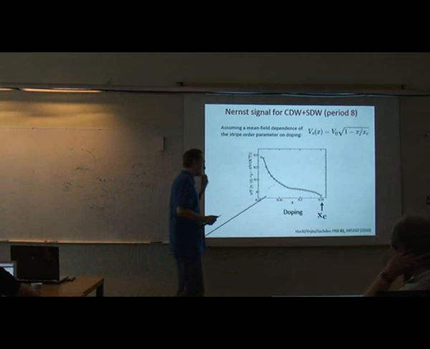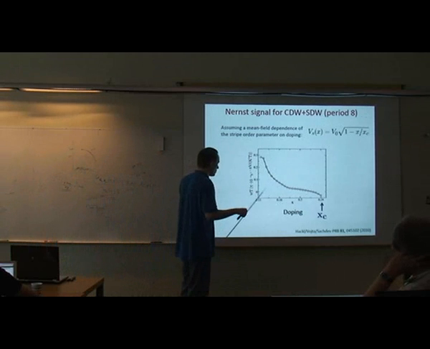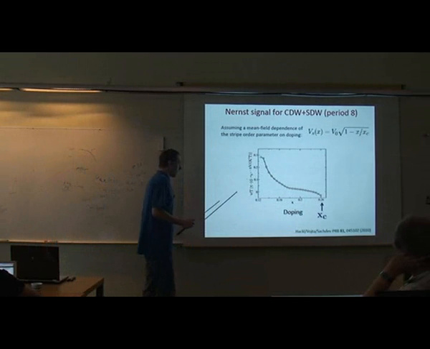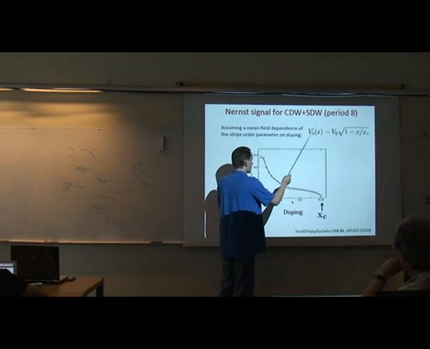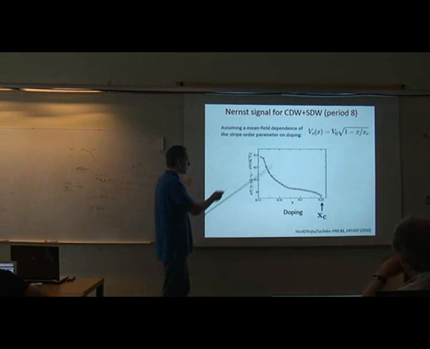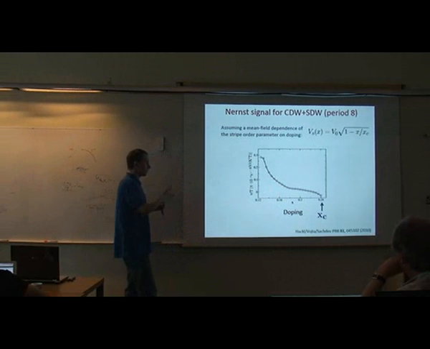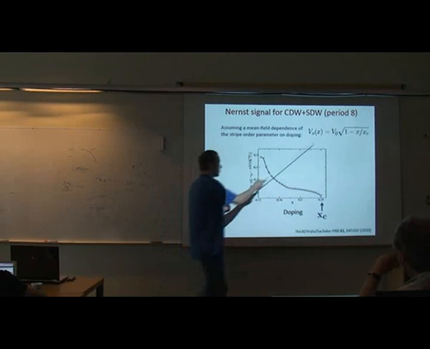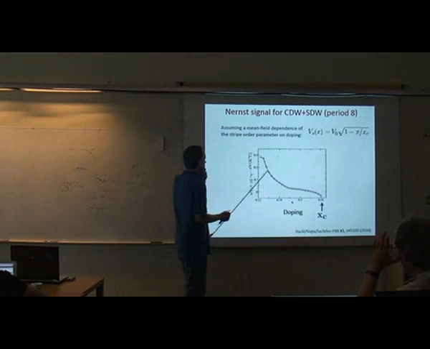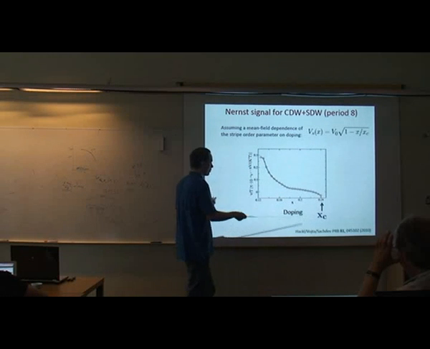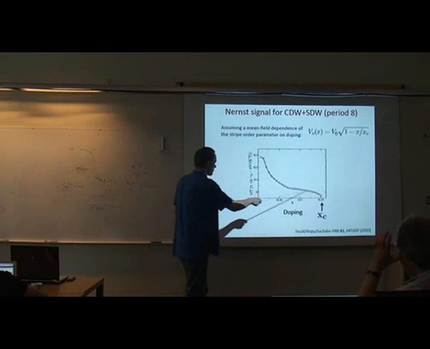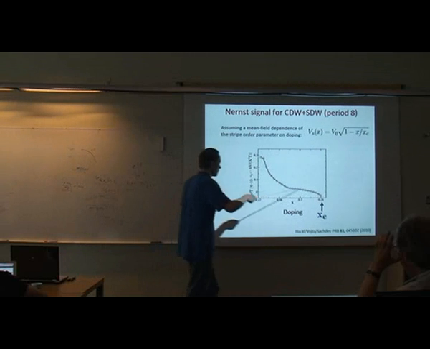Now another feature, not quantitative but qualitative, is the doping dependency of this signal. First of all, it is modeled by the doping dependency of stripe order, and this is a mean field dependency, of course consistent with all this mean field calculation. You have this exponent of a square root dependency, and what you see if you dope the material from this value, which is the critical doping for the onset of stripe order, into this 1/8 doping continuously, is this positively enhanced signal.